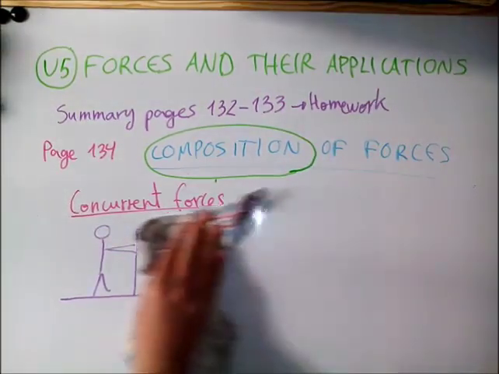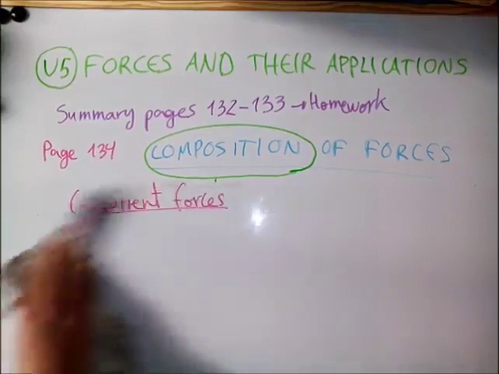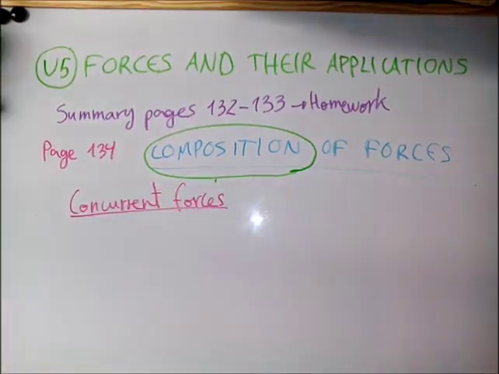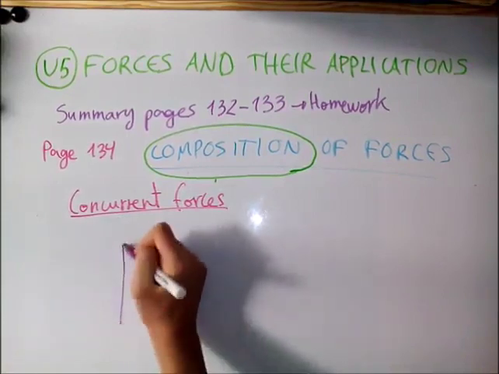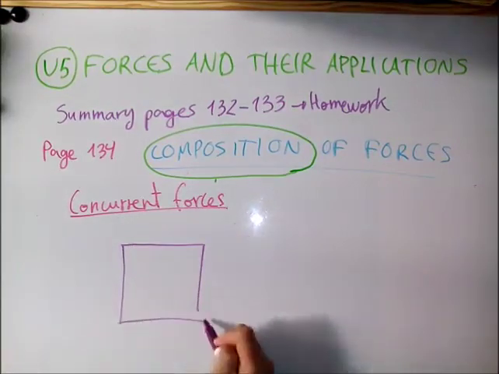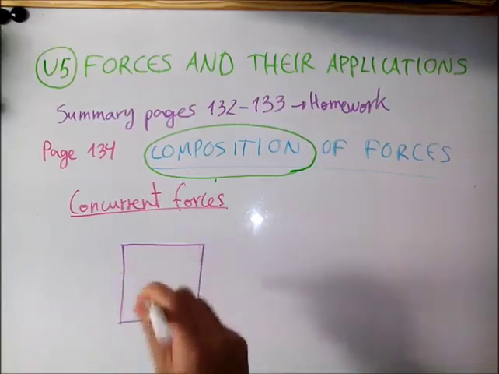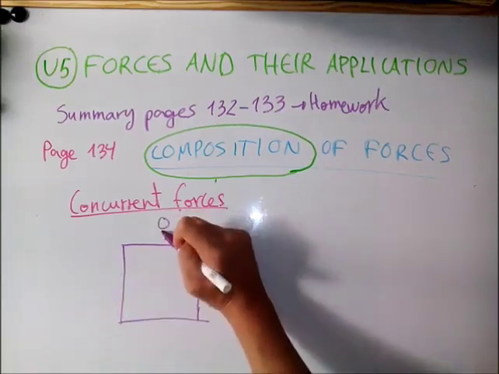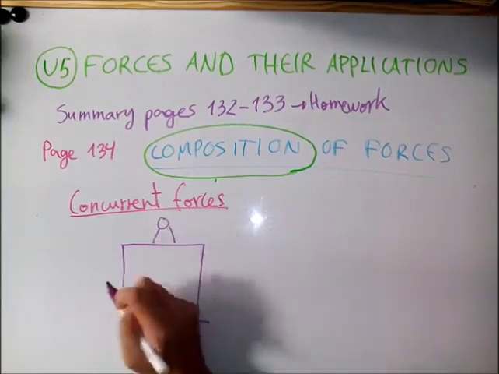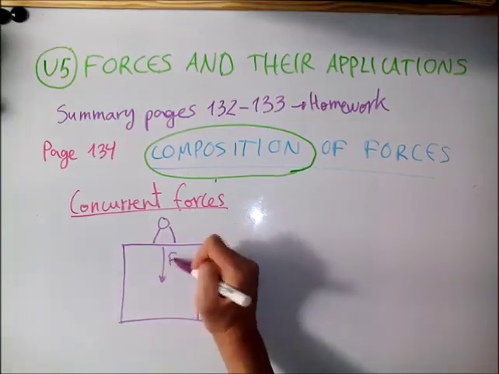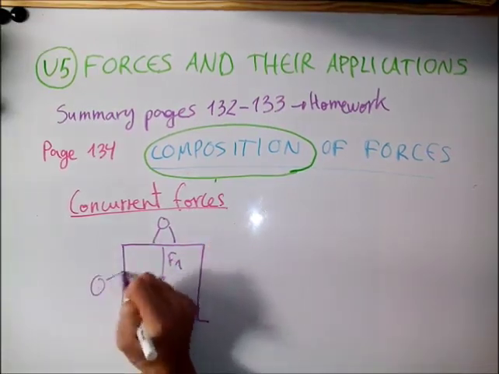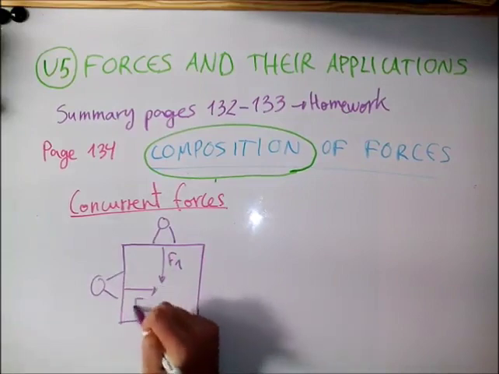So the third one is going to be when forces are not parallel. So we're still pushing the box. Imagine that we're looking at this from the ceiling, okay? So we have one person pushing in this direction, okay? We're going to call this force 1, and another person pushing in this direction, force 2.